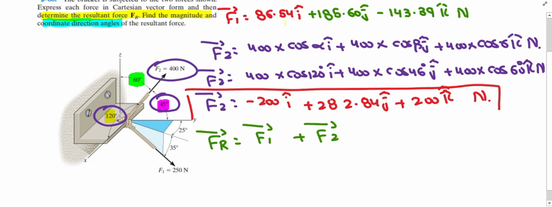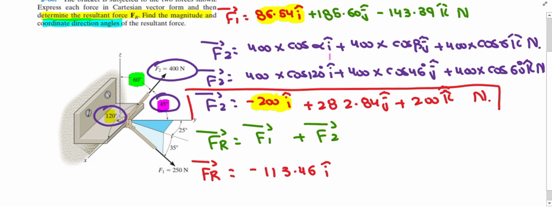For the value of F1, it is 86.54. If you add 86.54 i with negative 200 i, you get Fr equal to minus 113.46 i cap.